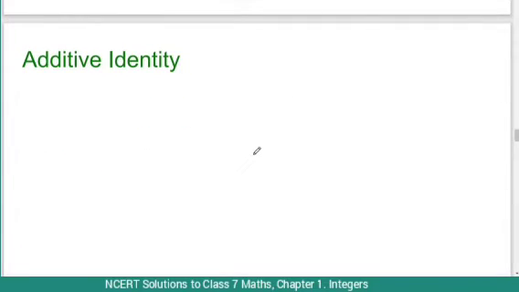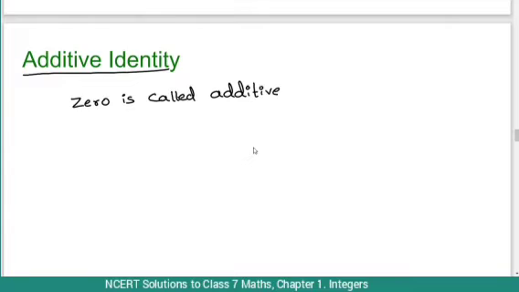What is additive identity? 0 is called an additive identity for whole numbers. What about for integers?